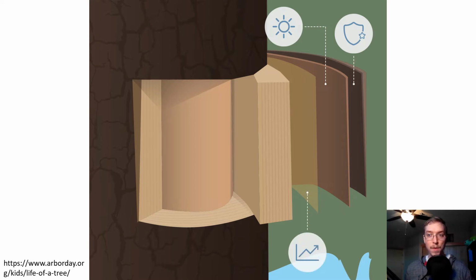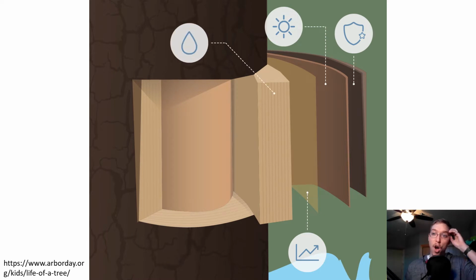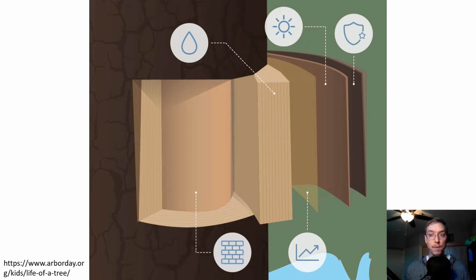The cambium cell layer is the growing portion of the trunk, producing new bark and new wood each year. The sapwood, or xylem, is where water moves from the roots up to the leaves. And the heartwood is made of old xylem. It's the central supporting pillar of the tree.